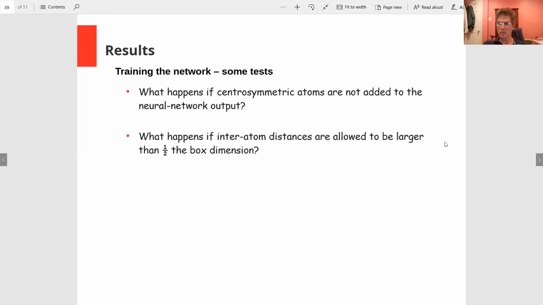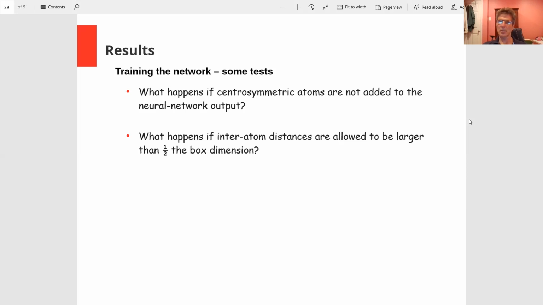All right, so I did a couple of tests to see. I made the claim earlier that the network won't train and it won't generalize unless you take care of the centrosymmetric atoms, and it won't train and it won't generalize unless you take care of this ambiguity over the vector origins of the Patterson map.